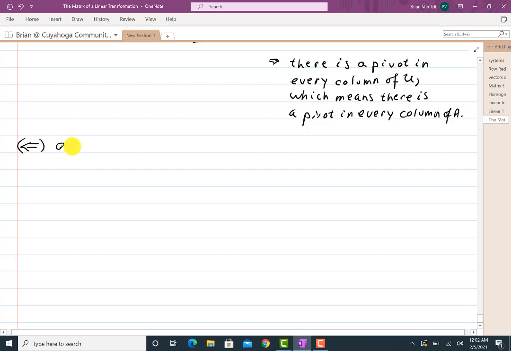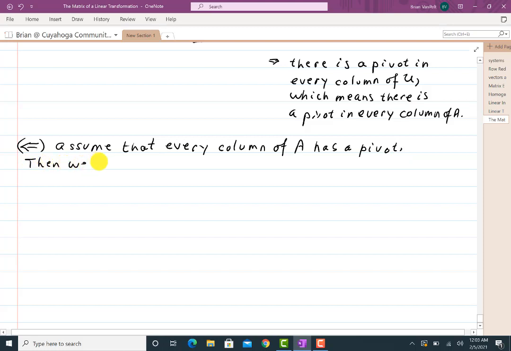Let's assume that every column of A has a pivot. Then we have no free variables.